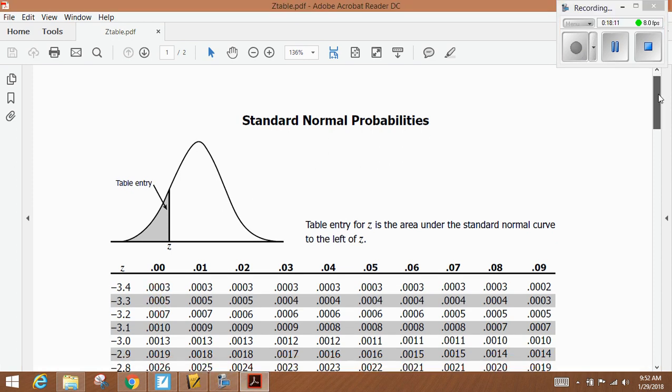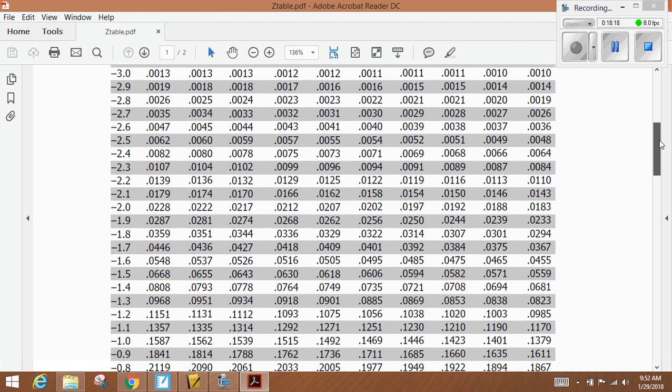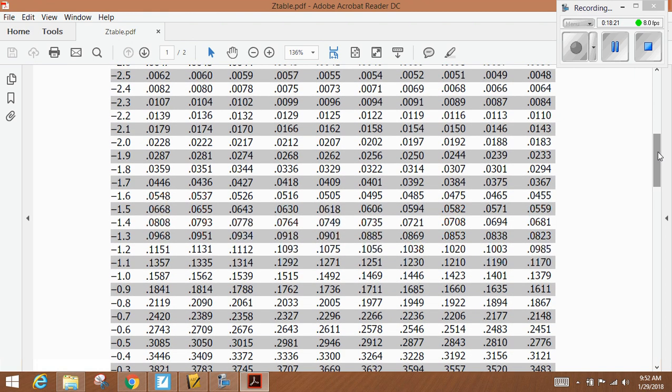But if we're looking at 2 standard deviations below the mean, we're looking at this area right here, right? But that's not super precise, right, if we look at that value.